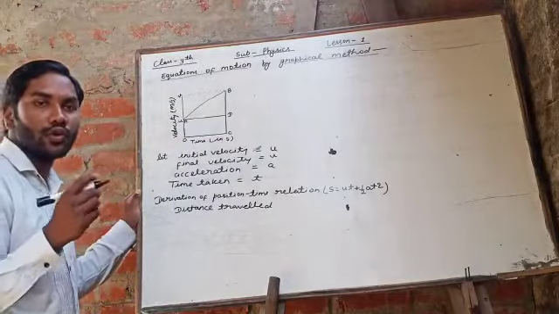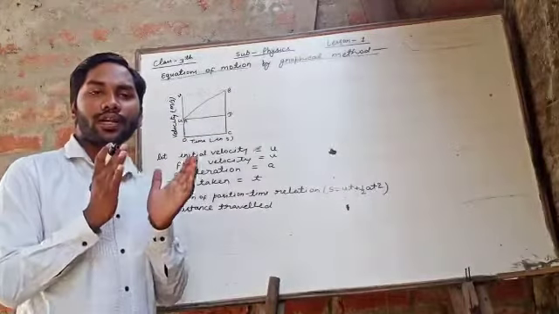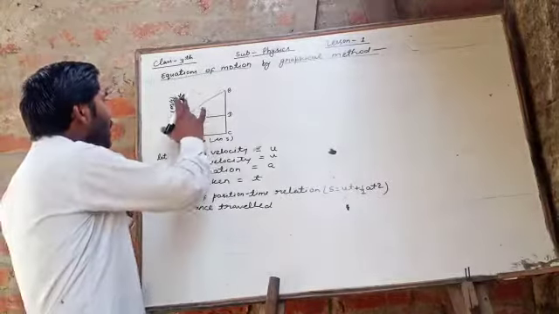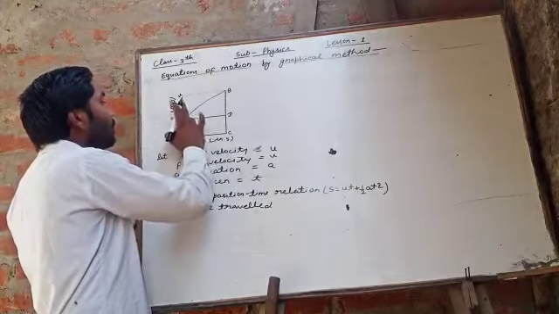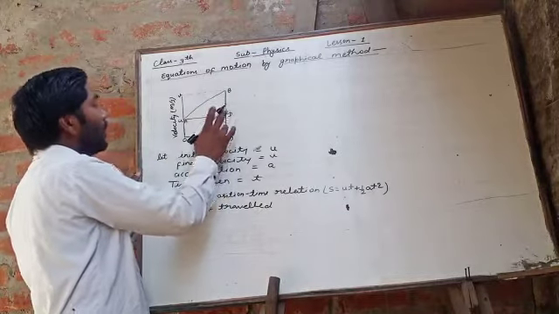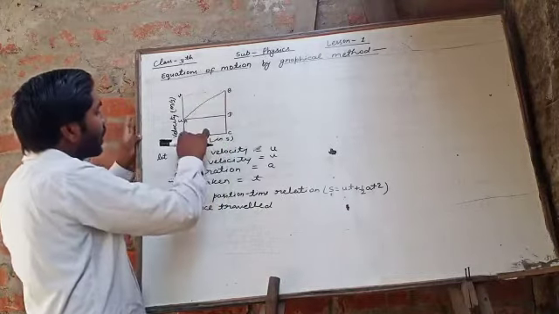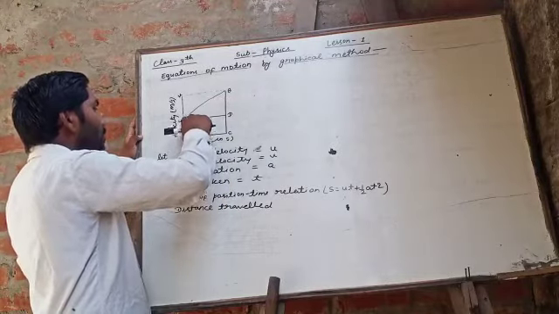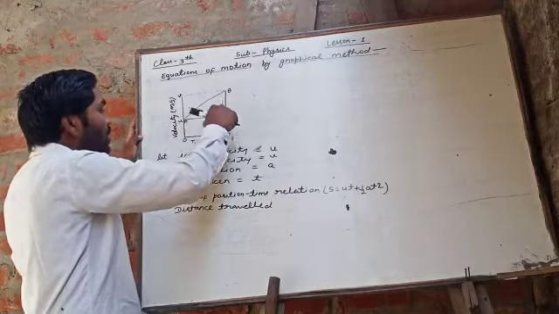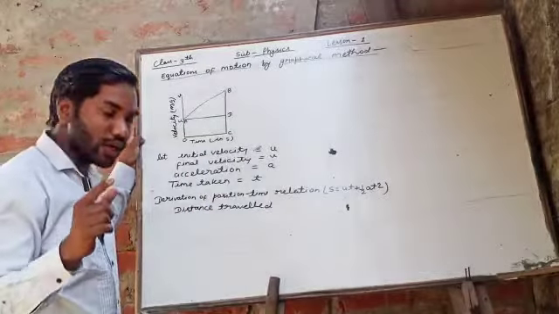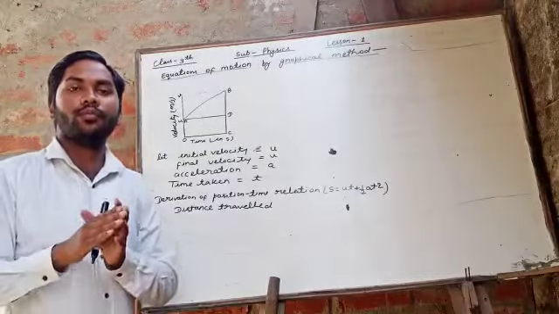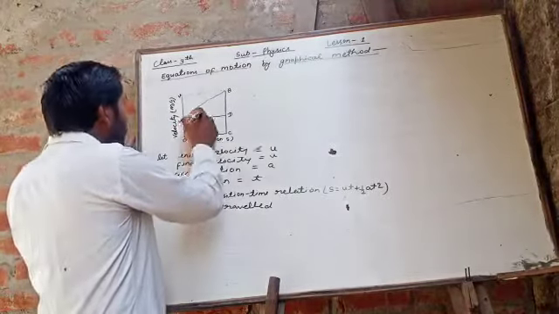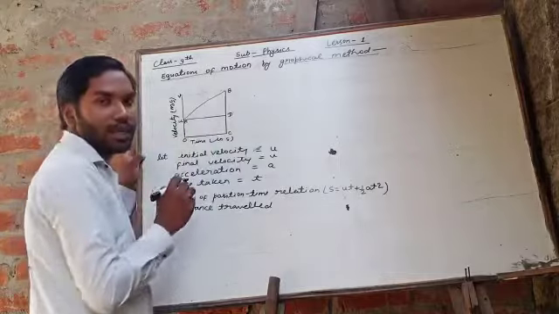I have already told you that the distance traveled by a body is represented by the area of the figure formed by it. So here you can see that the area OABC will be the distance traveled by the object. And OABC is a trapezium.